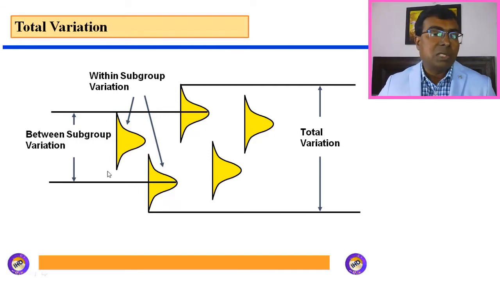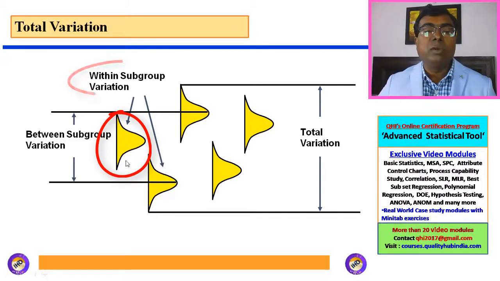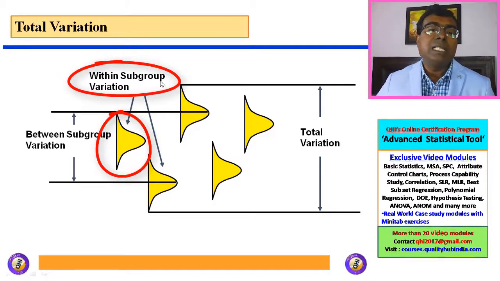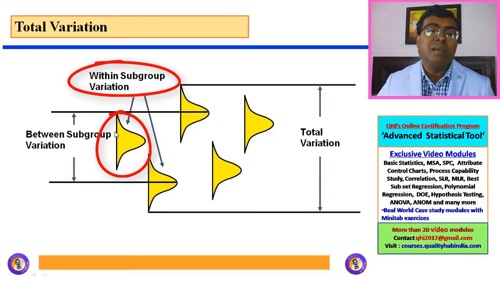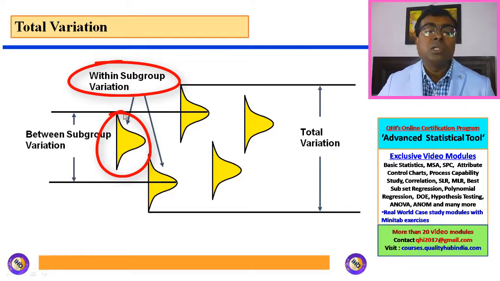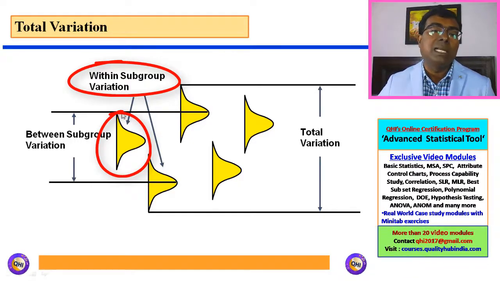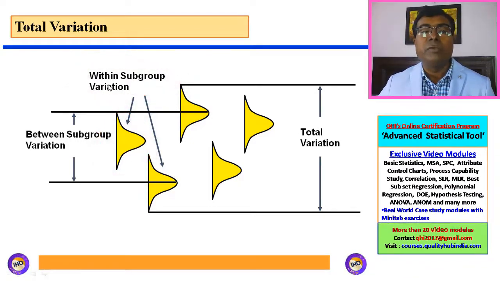So at 9 o'clock, suppose I have taken a sample of 5 numbers. Whatever variation I am going to get over here will be called within subgroup variation. That means 5 is my subgroup size. So I am going to have some variation over here. So this will be called within subgroup variation.